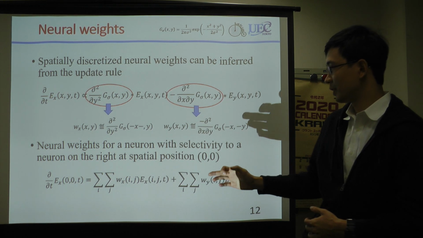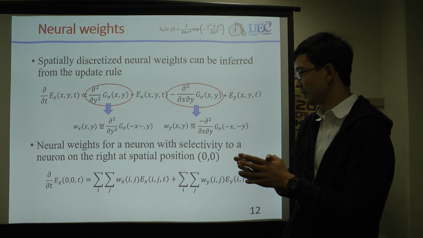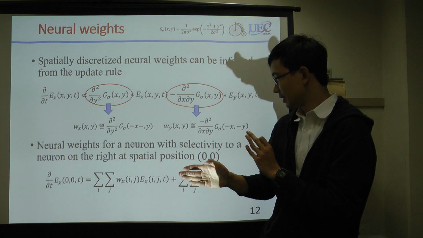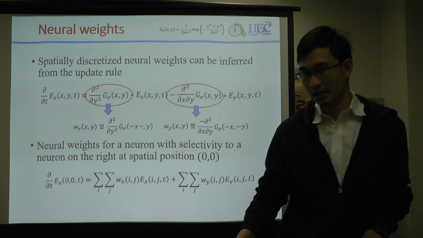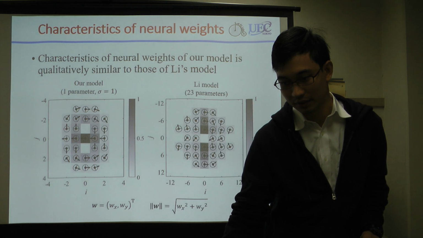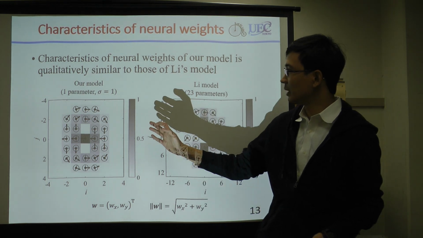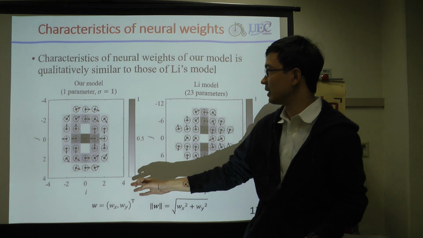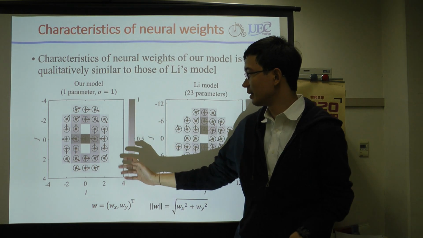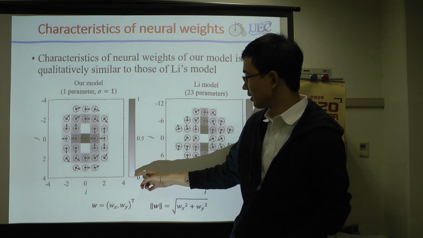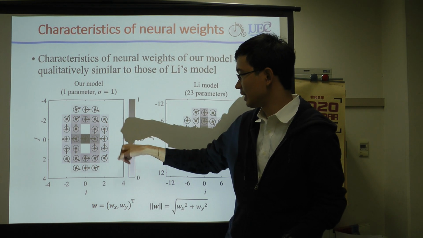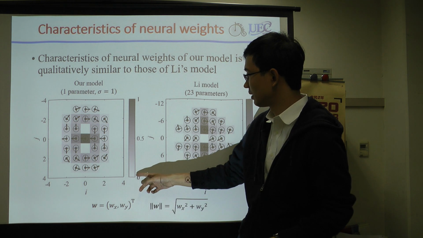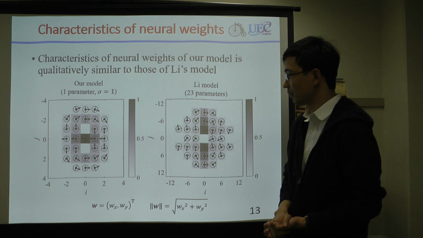In the next slide I will show you the neural weights of a neuron with a selectivity to the right at position 0, 0. Now the characteristics of the neural weights of our model are on the left side here. The darker vectors represent the selectivity. This is the strength of the weights.